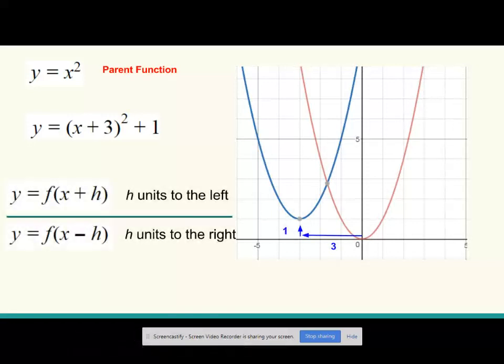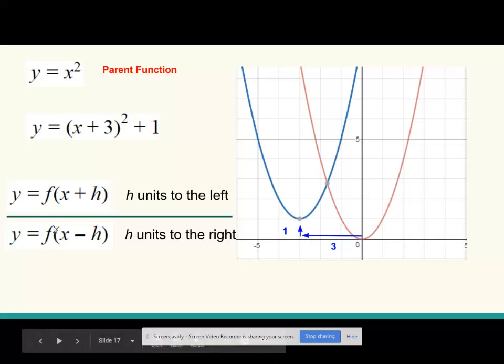In fact, this is going to be true for most functions, which is why I have an f here instead of the squared. Most functions, if you add some number h to x, you're moving that function h units to the left. Even though it's plus h, you're moving it to the left. And if it's minus h, you're moving it to the right. It's the opposite of what you would think.